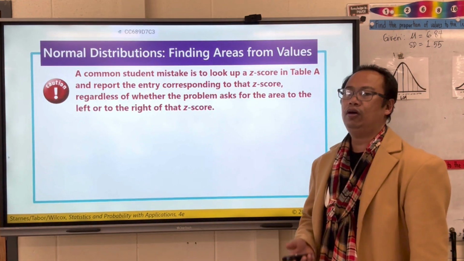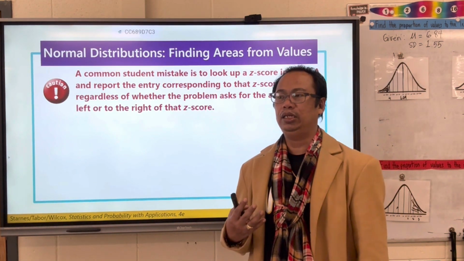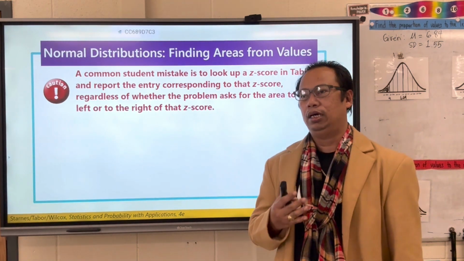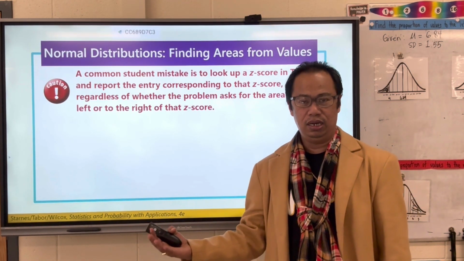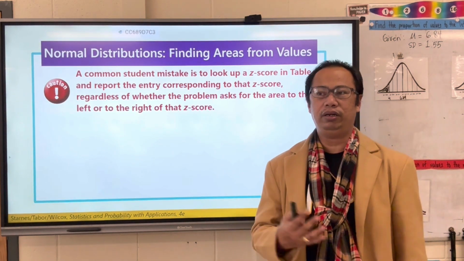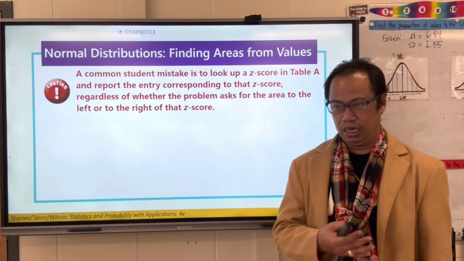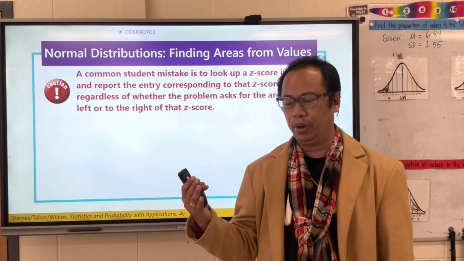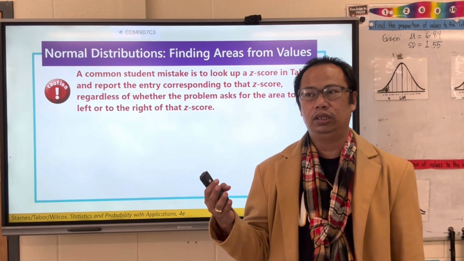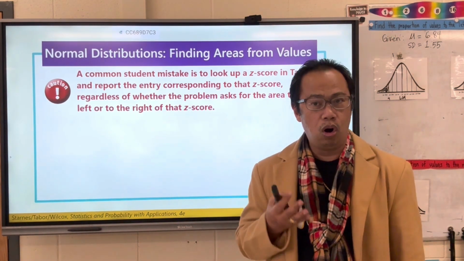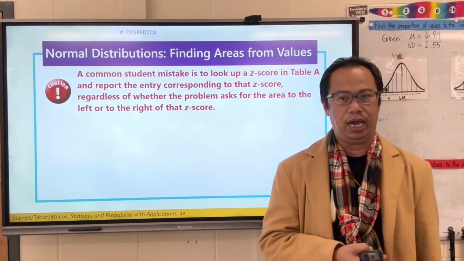Alright, so don't forget that the area is to the left once it's stated less than. Once the statement is greater than, at least, or number or more, then it is to the right.